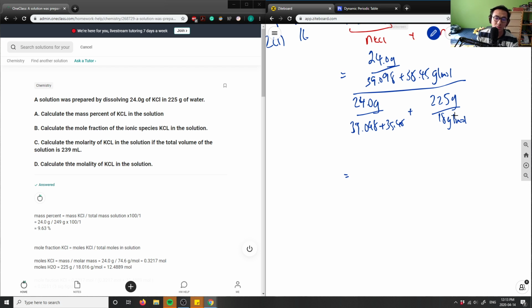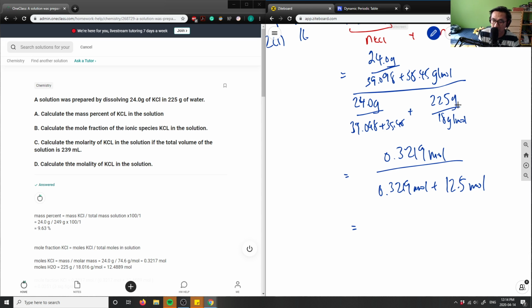This would give me 0.3219 moles. And this would be 0.3219 moles plus our moles of water, which is 225 divided by 18, which gives us 12.5 moles.